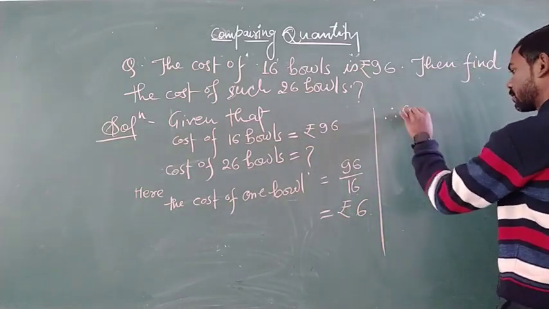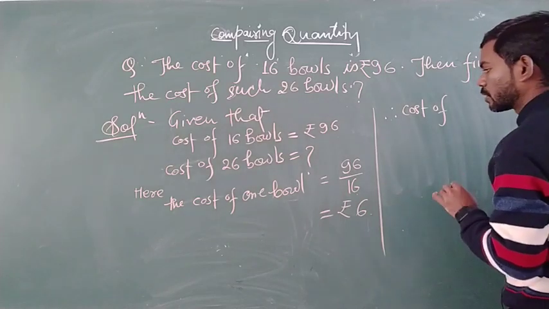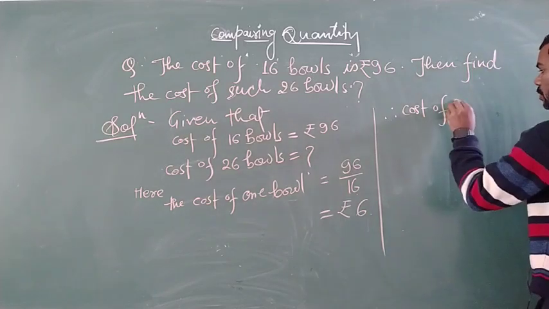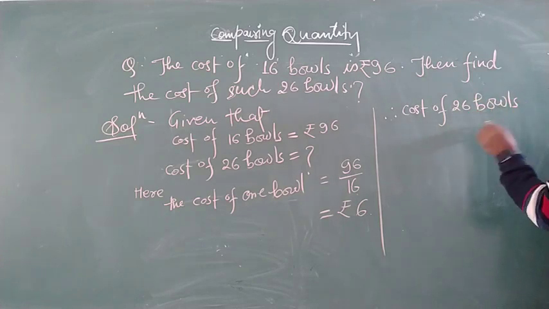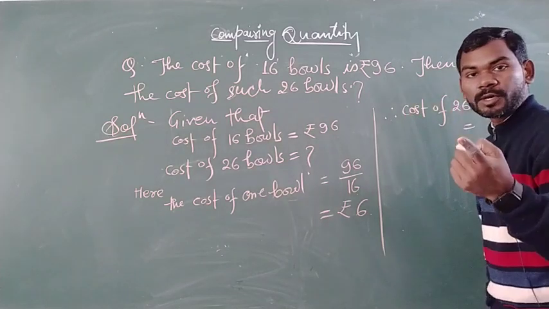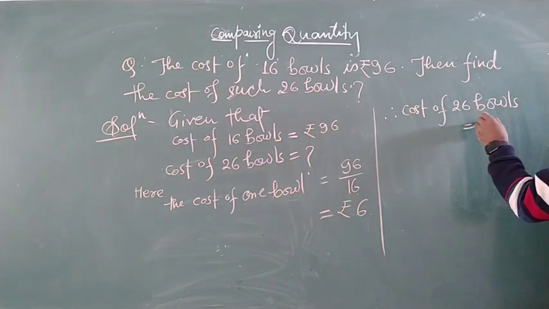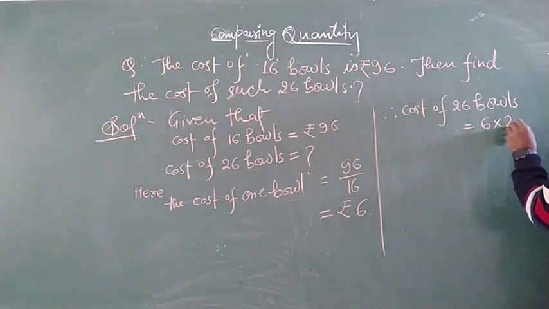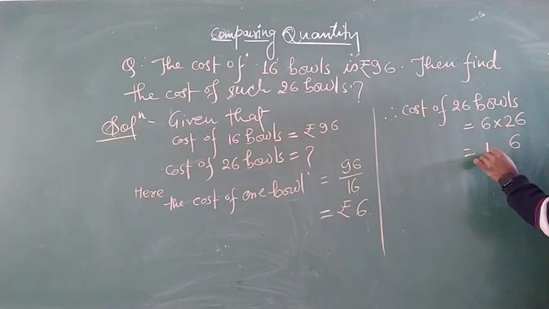Therefore the cost of 26 balls will be equal to the cost of one ball multiplied by 26. So here we write 6 multiplied by 26. 6 sixes are 36, 6 twos are 12, 12 and carry 3, 156.